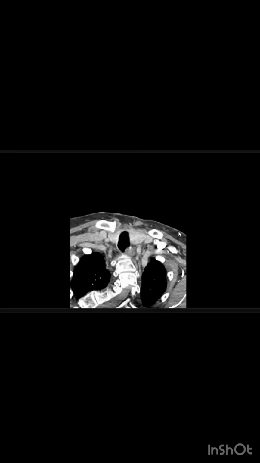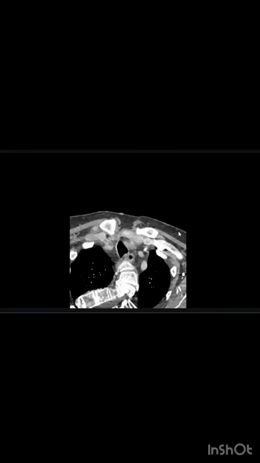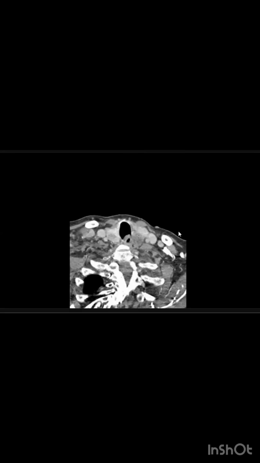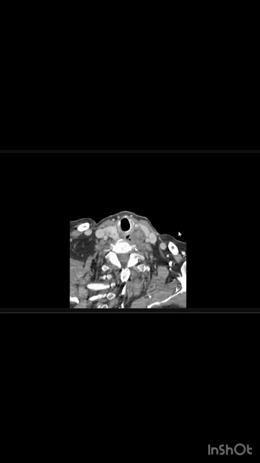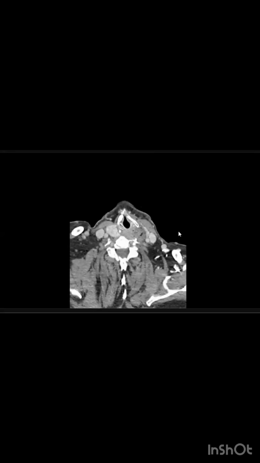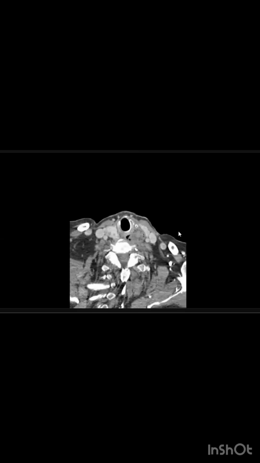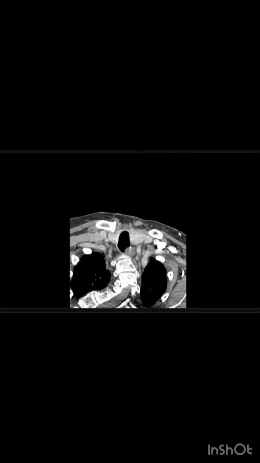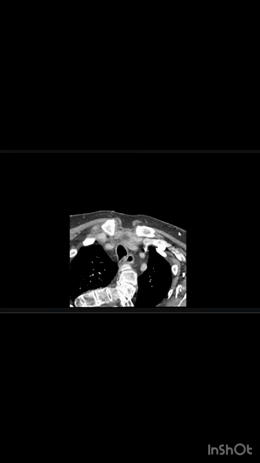As an incidental finding in this limited soft tissue window, I can appreciate that the esophagus appears to be significantly dilated in its distal part, posterior to the trachea, and just distal to this aforementioned mixed density lesion in the region of the pharynx, at the junction of pharynx and esophagus.